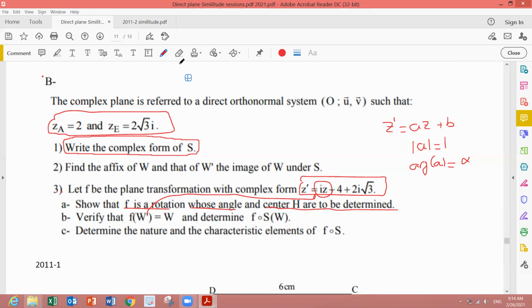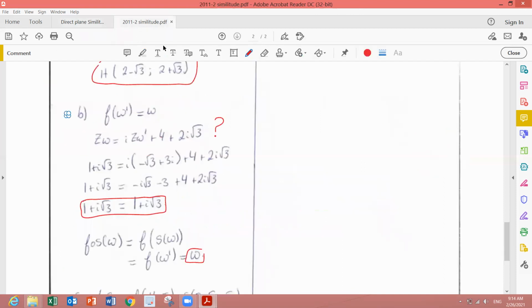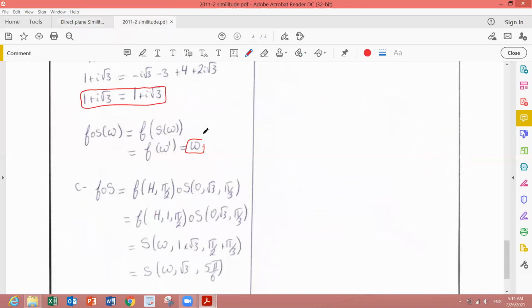Similitude. Yes. What is the center? W, because W is invariant. Yes, the ratio is radical 3.